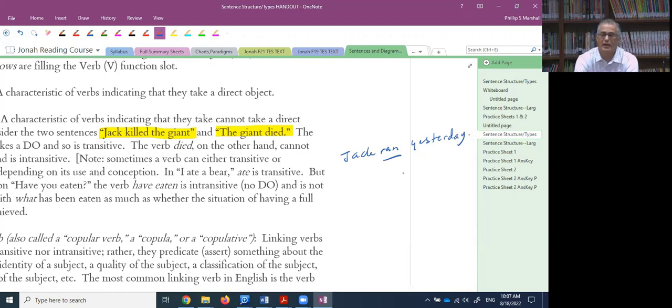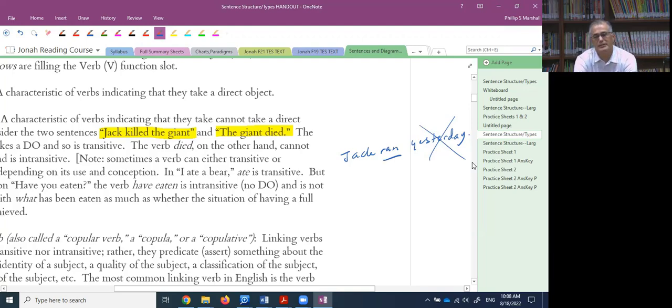Yesterday is not the object, right? He's not acting upon yesterday as an entity. It's just telling you when he ran. Okay. If I omit yesterday, is the sentence still grammatical? "Jack ran." Yeah, nothing wrong with that sentence, right?